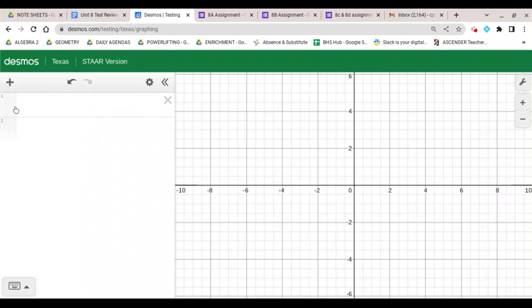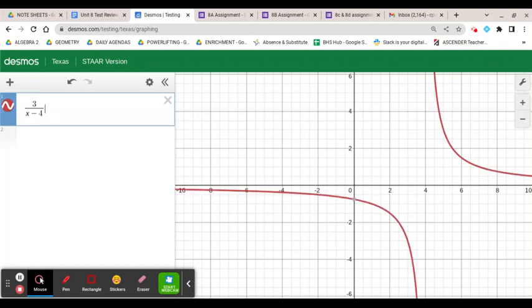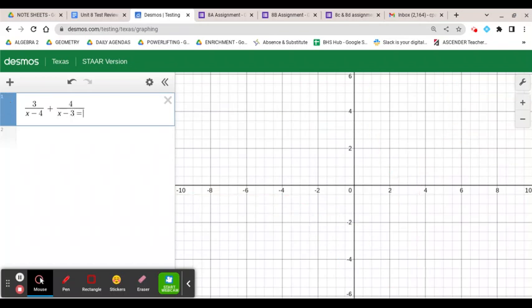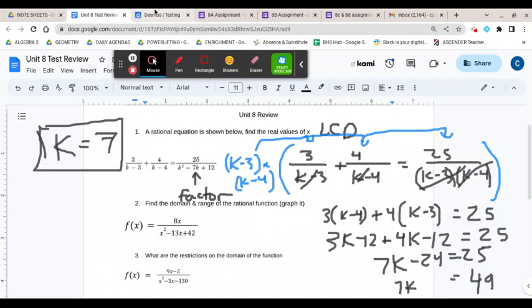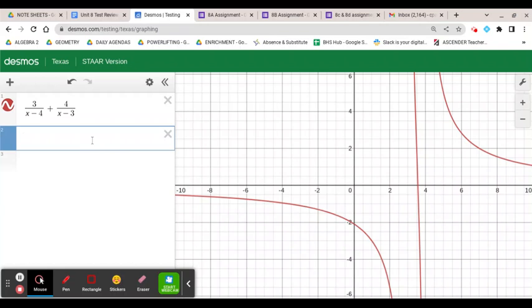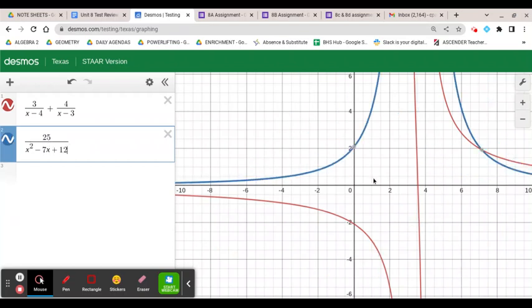If we wanted to go the Desmos route, we had 3 over x minus 4 plus 4 over x minus 3. That was our first graph right there. And the second one, we had 25 over x squared minus 7x plus 12.